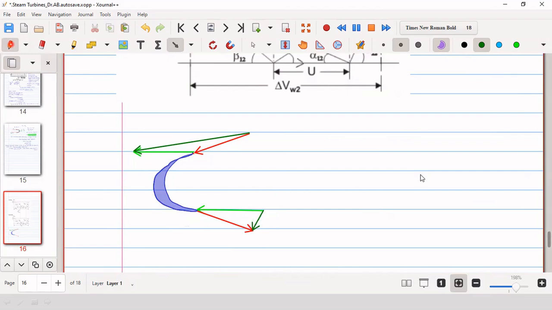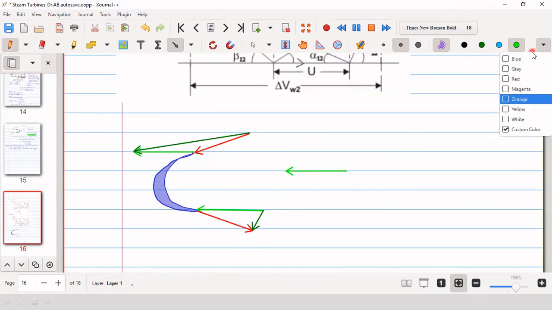Now you can combine these two to get the combined velocity triangle or velocity diagram. So it will be like this. For the same blade velocity here, and then this is same, and then parallel to this you can draw it here. I'm trying to draw as properly as possible.